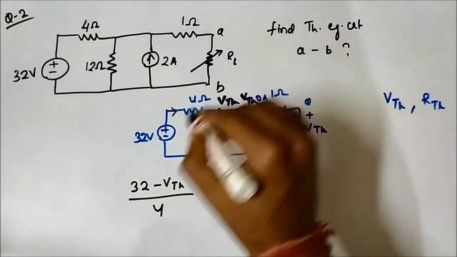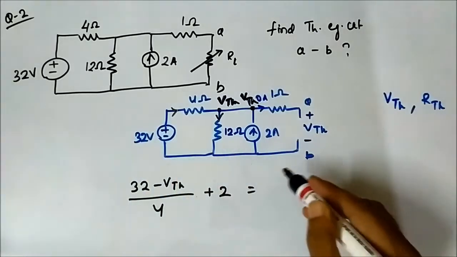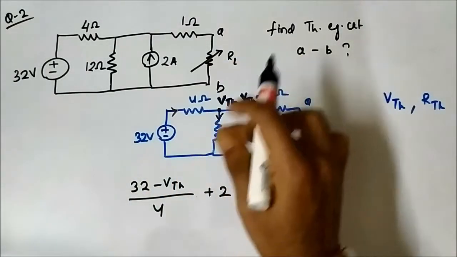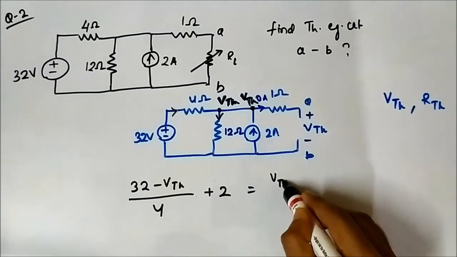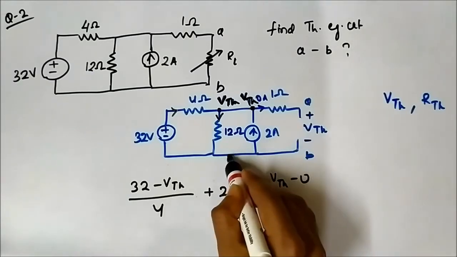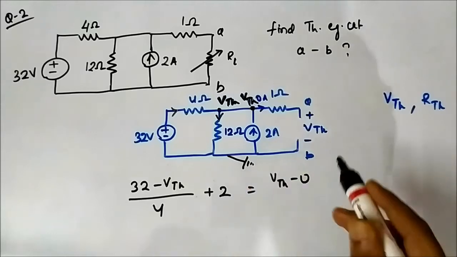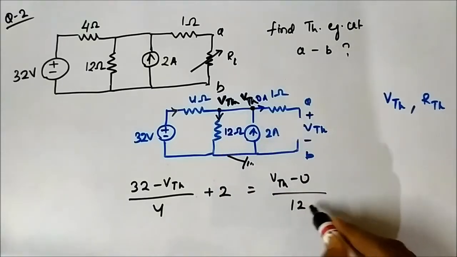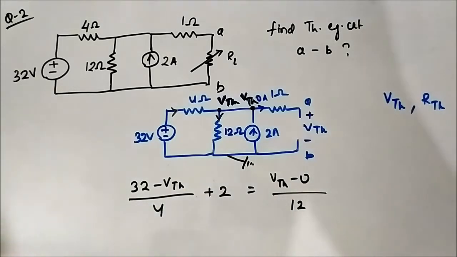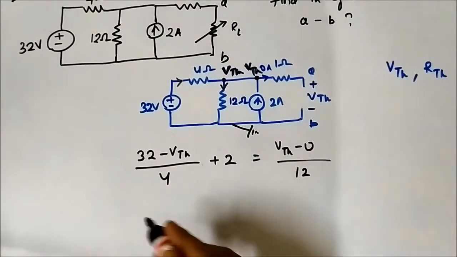These 2 currents are moving towards the node, that's why on one side, and this downward flowing current through 12 ohm is VTH minus 0, 0 means ground, by resistance involved, 12.